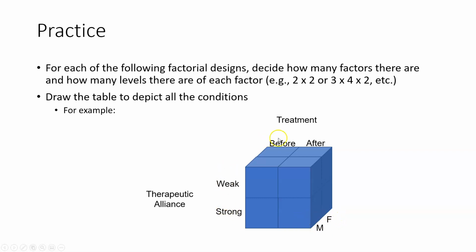Because we had 3, we had to draw a 3-dimensional figure. And because there was a 2 by 2 by 2, we had to put 2 cells on each of the dimensions. This is the kind of thing I want you to draw to reflect what's going on up here, whatever the situation you've written out is, whether it's a 3 by 4 by 2 or whatever.